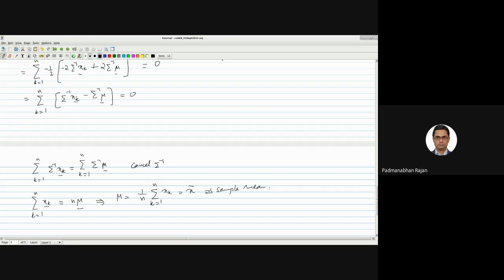Okay, so the maximum likelihood estimate of mu, I should probably call it mu ML. Its maximum likelihood estimate of mu is, again, you can see for the multivariate case, equal to the sample mean.